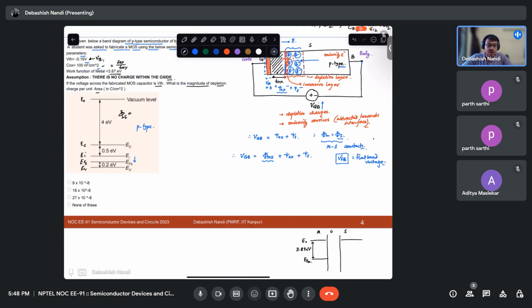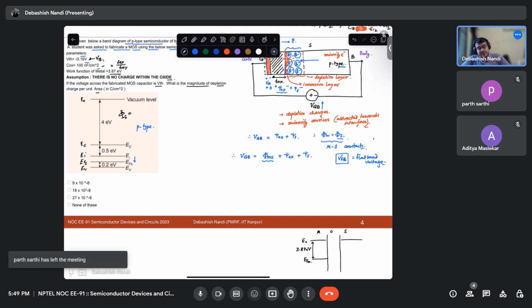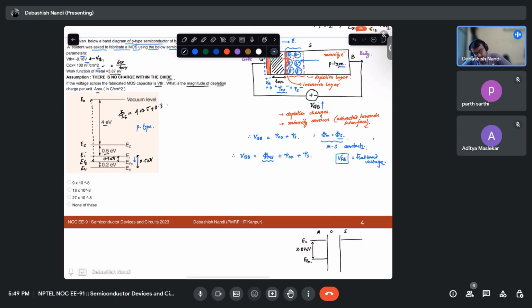This should be pretty straightforward. The semiconductor work function is nothing but the distance between the vacuum level and its Fermi level. What is that? 4.05, and this is 0.5, and this is 0.3, right? So it will be 4 plus 0.5 plus 0.3. It will be 4.8 electron volt.